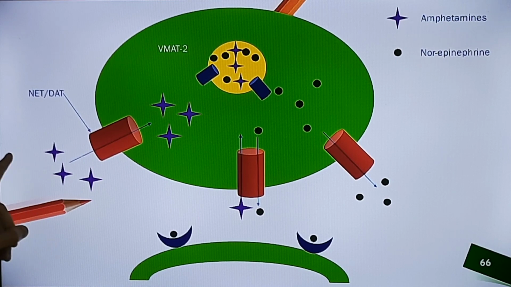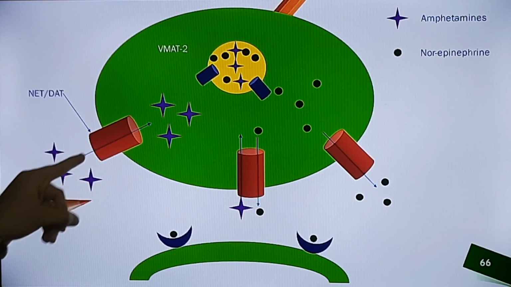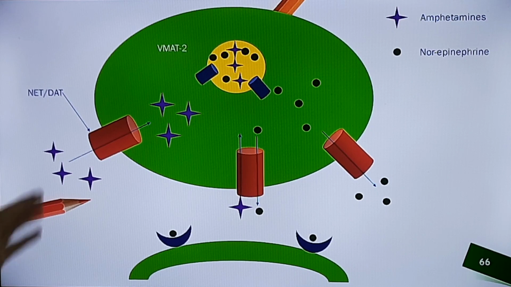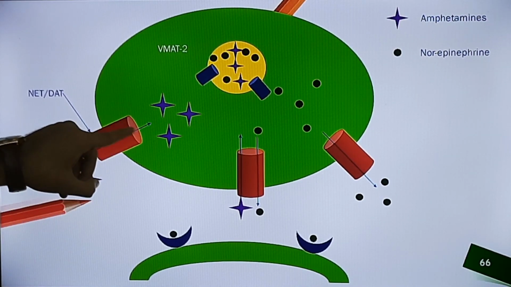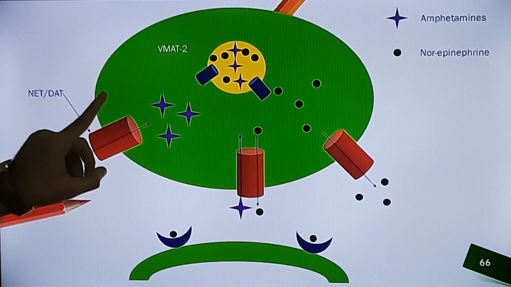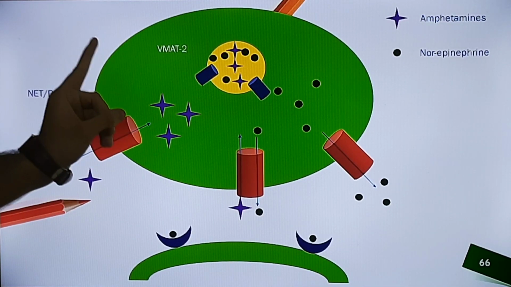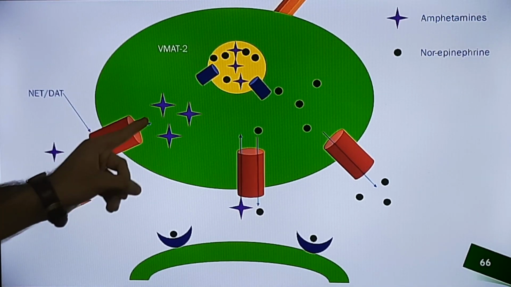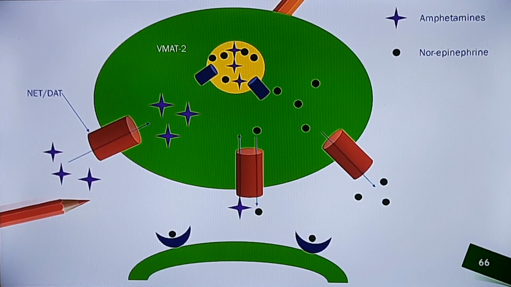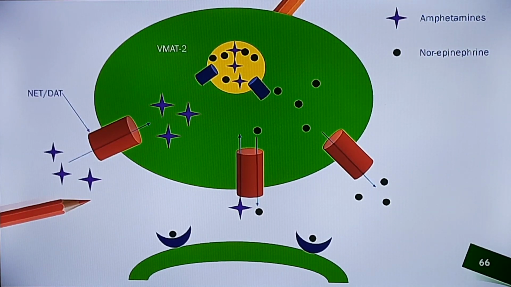As you can see, amphetamine is outside, and after utilizing this transporter, it has moved inside into our cytoplasm. Now after this amphetamine is present in our cytoplasm, it will use this VMAT2 transporter and get inside our storage vesicle. In this storage vesicle, as you can see, here are our star molecules.